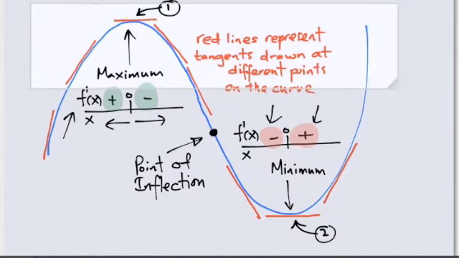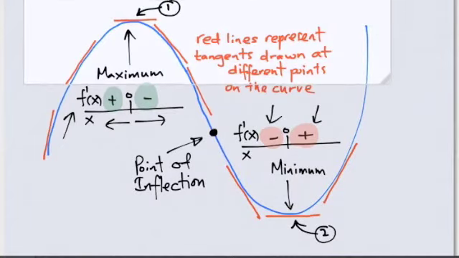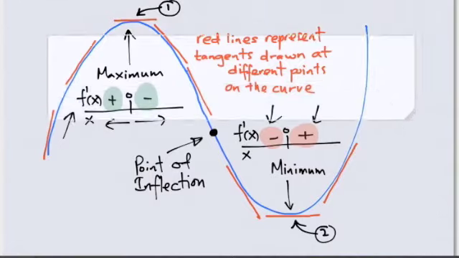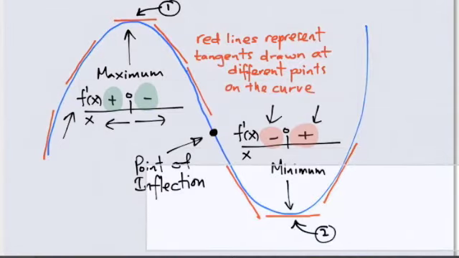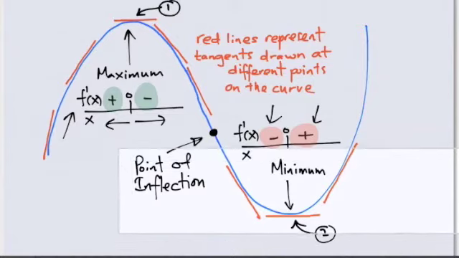Why are these called turning points? Because a function reaches a maximum at point 1 and then it decreases to the left and right of that point. Point 2 is also a turning point because at point 2 the function reaches a minimum. To the left and right it increases beyond this minimum.